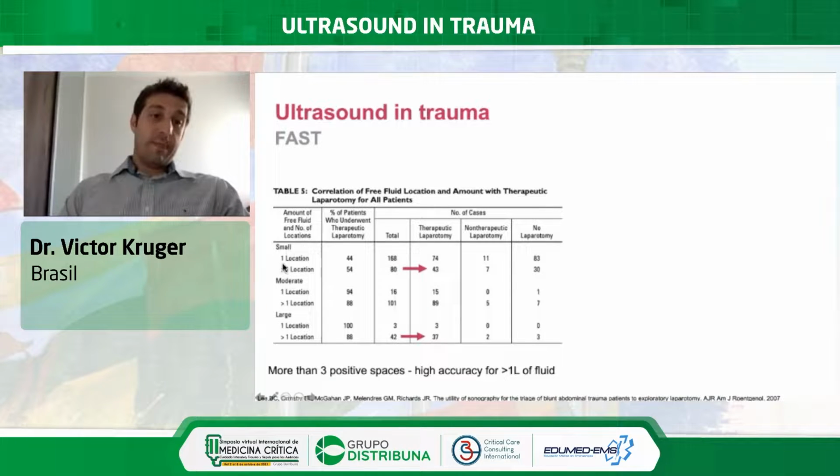Small fluid, just one location, no therapeutic laparotomy. Large fluid, more than one location, more therapeutic laparotomy. And you have a high accuracy interrelationship between fluid volume and spaces at the FAST.